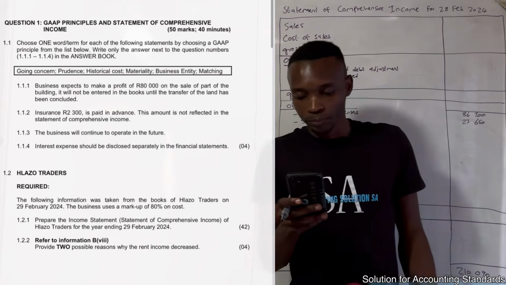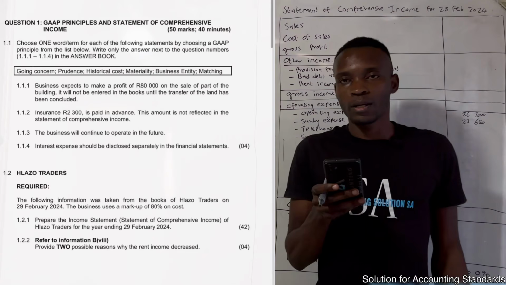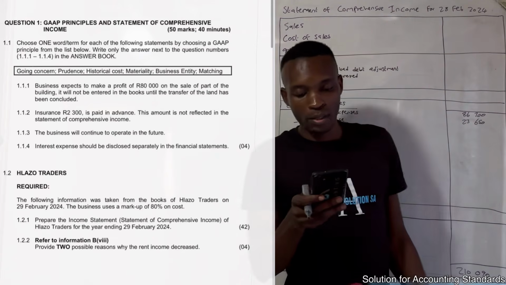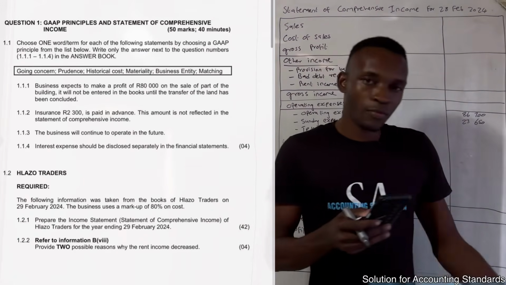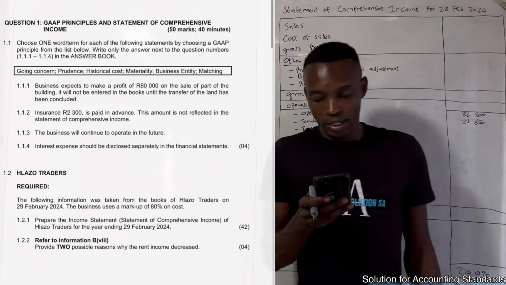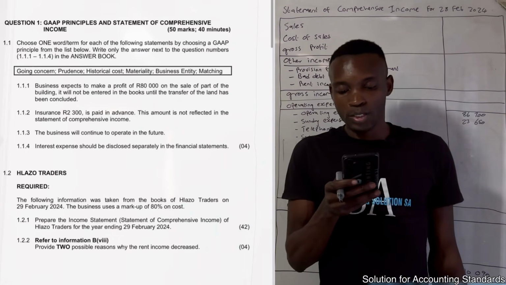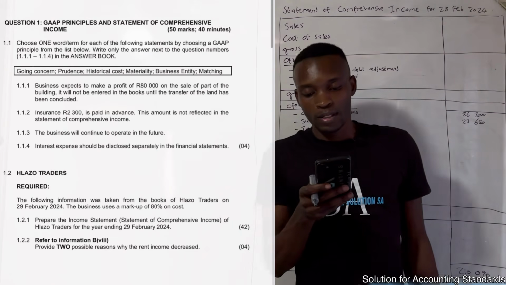The next one: the business will continue to operate in the future. Of course, this one is going concern. We're assuming that because we make a profit this year, even next year we're still going to operate. Next: interest expense should be disclosed separately in the financial statements.